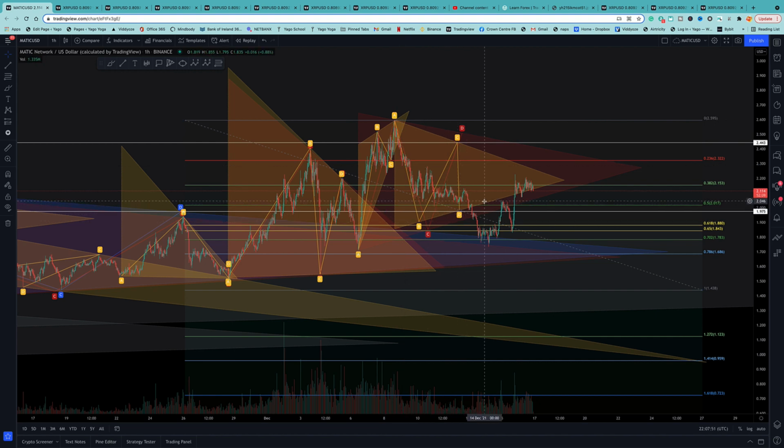I put these triangles here, and they were still being mapped out, but I basically put in a bottom and a top, and you can see how close this came to the bottom. So I wouldn't have anticipated that looking at this arc. So when it came to the bottom here, I said, okay, you've got to pull it back to another bottom, because there's a bigger swing going on here.